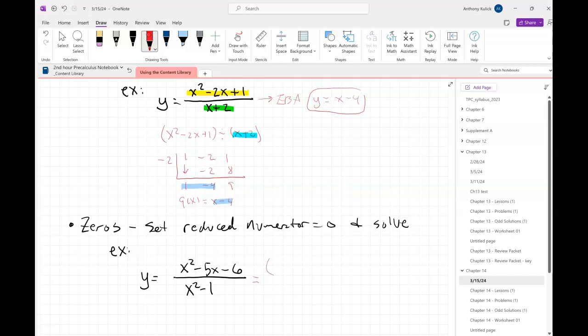How do I factor that numerator? Yeah, x minus 6, x plus 1. Good. And the denominator? Okay. So I can reduce.